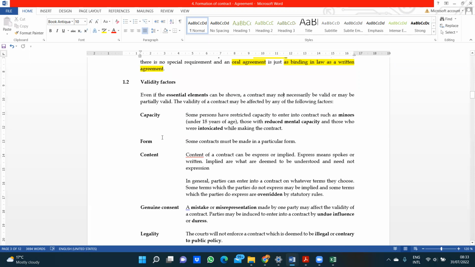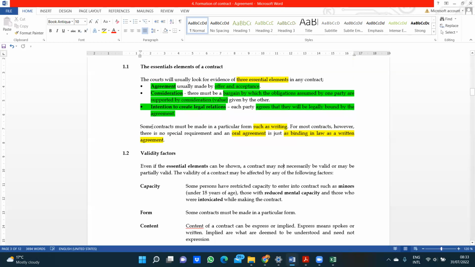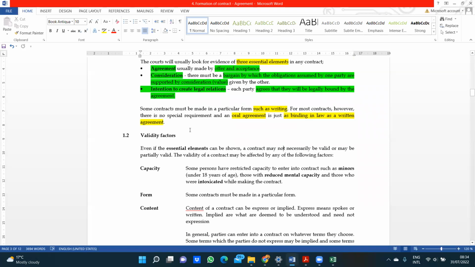Validity factors. What are validity factors? These are the factors which make a contract valid. It's as simple as that. Even if the essential elements can be shown, the contract may not necessarily be valid, and may be partially valid.